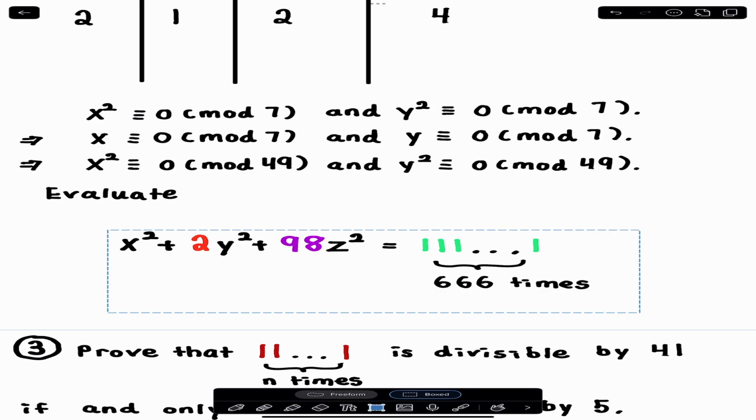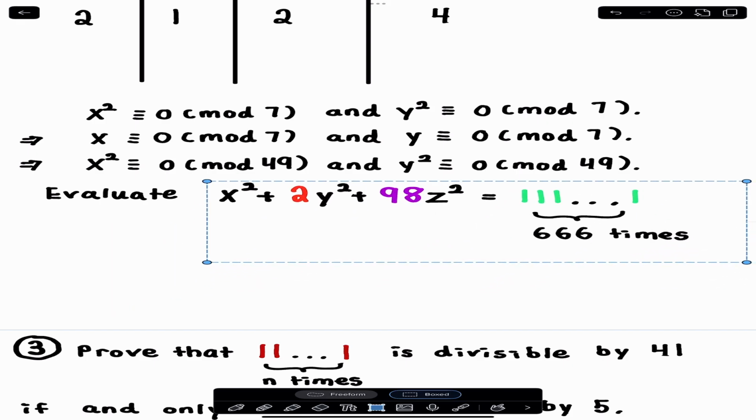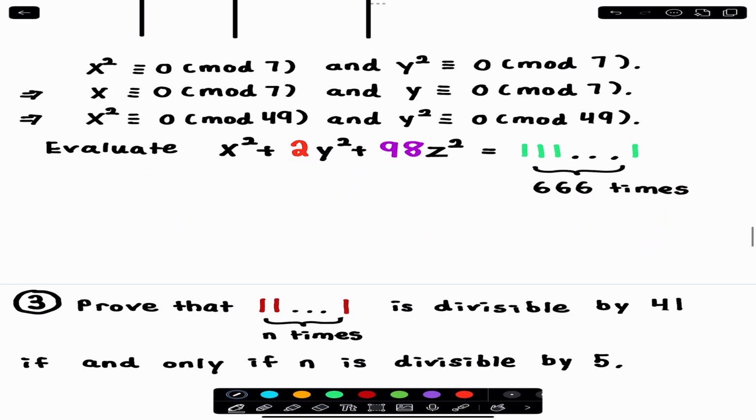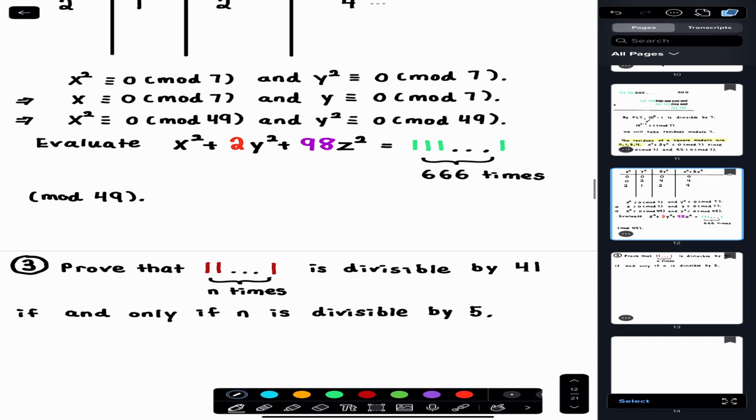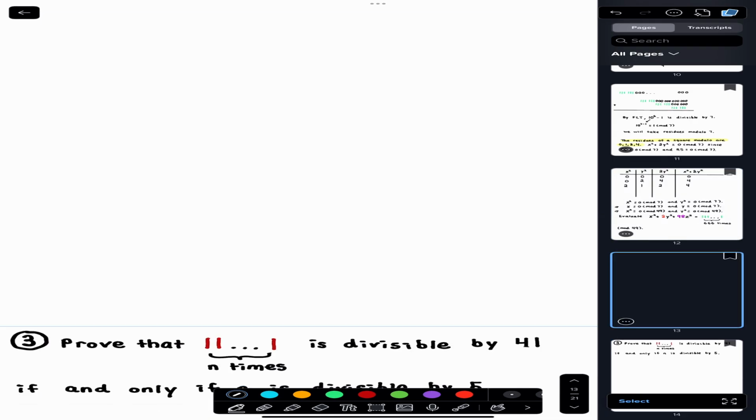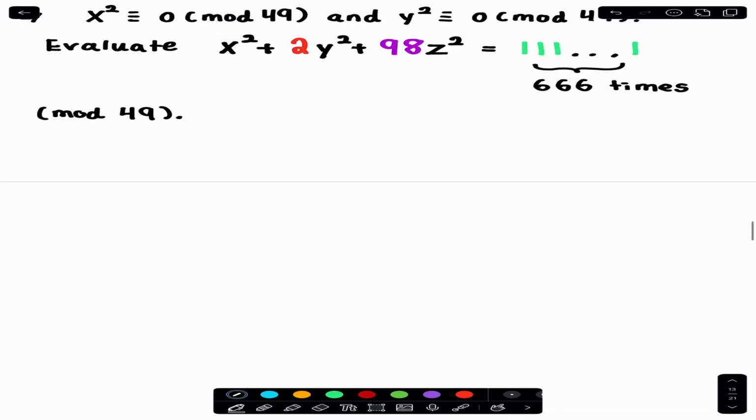So we want to evaluate this. Let's evaluate this mod 49 and see what happens. I'm going to add a page. So I'm going to write left-hand side.